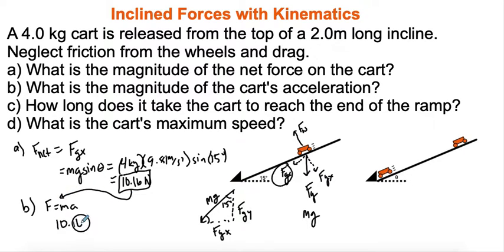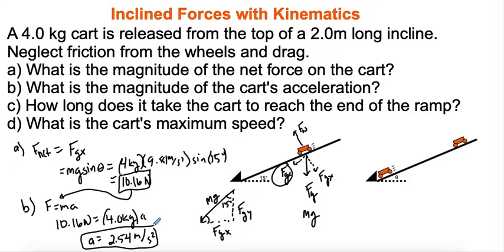Okay, so we have 10.16 newtons is equal to my mass, which is 4.0 kilograms, times my acceleration. And now we can just use our information that we have to find our acceleration. So we do 10.16 divided by 4, and you get 2.54. So we have an acceleration of 2.54 meters per second squared.